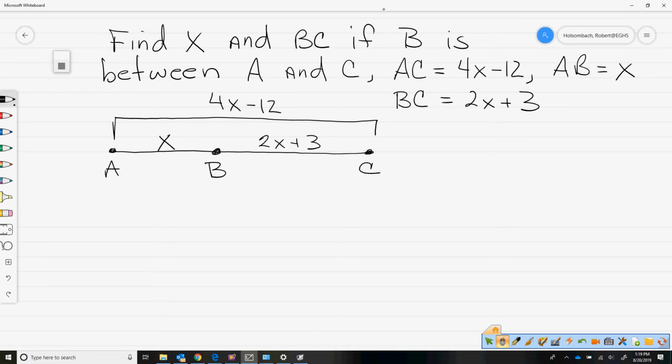So then you have to write an equation and you have to solve for x. So your small piece is x plus your other small piece is 2x plus 3. And your two small pieces added together have to equal the entire piece, which is 4x minus 12.